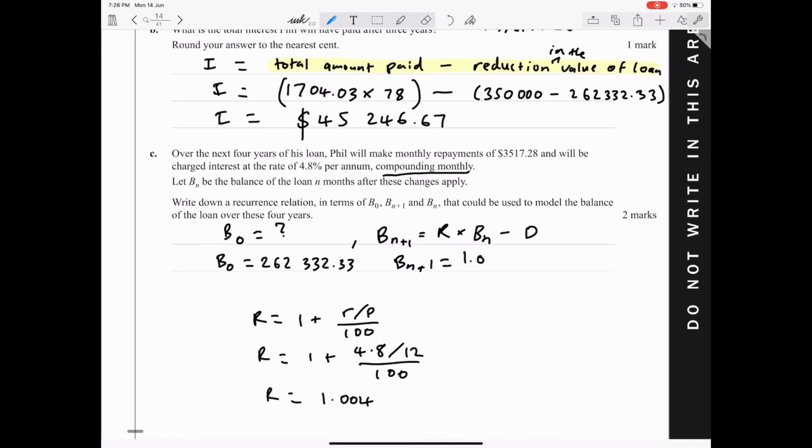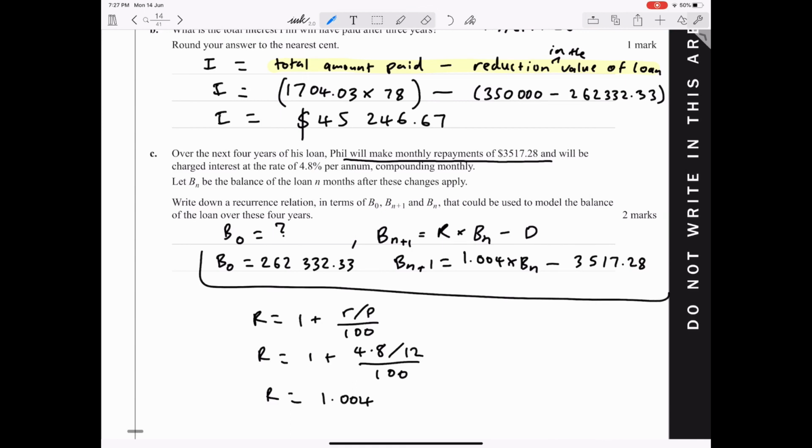So 1.004 times Bn minus D. D is the monthly repayments that Phil makes, which is given to us in the question: $3,517.28. So therefore the value of D is $3,517.28, and this is your recurrence relation.